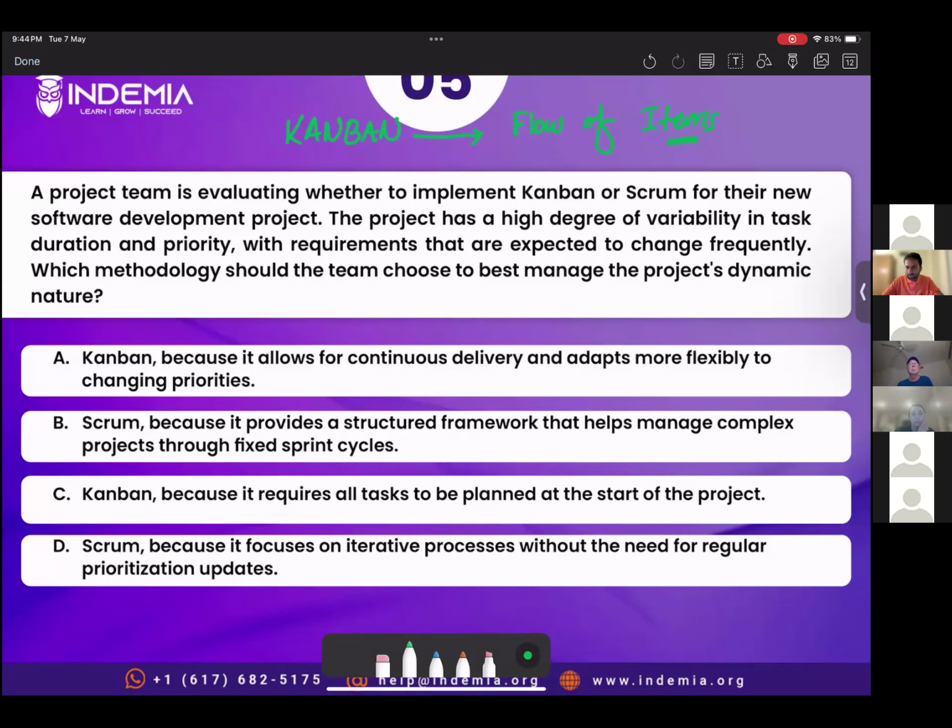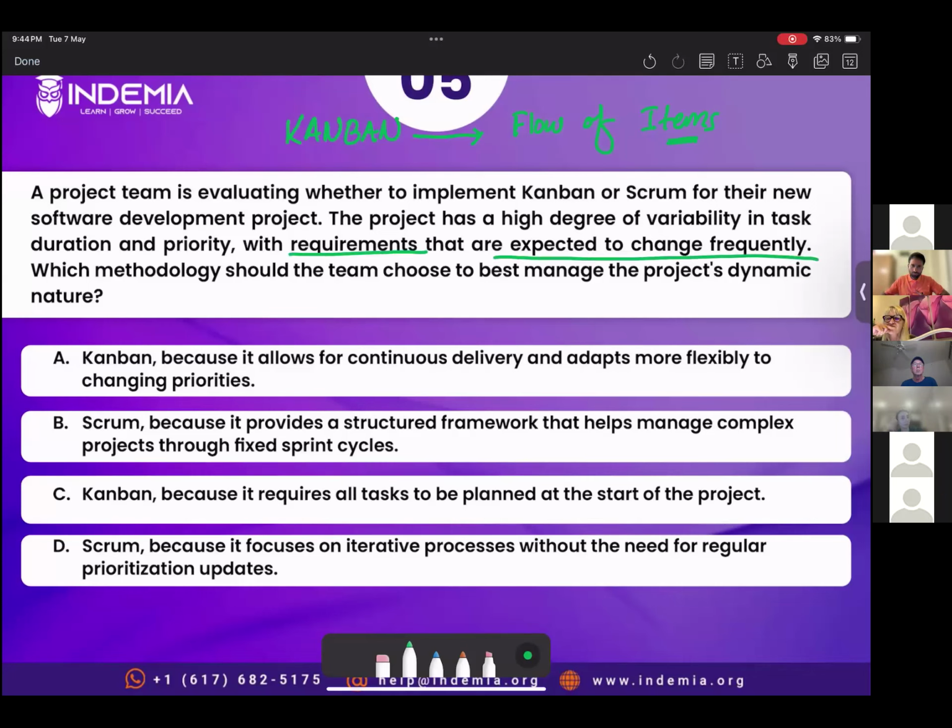Marta, you have chosen option B. Yeah, I chose option B because the statement says that requirements are expected to change frequently, meaning it will require more of what Scrum delivers on the fixed sprint cycle.